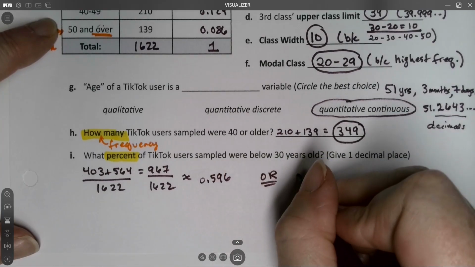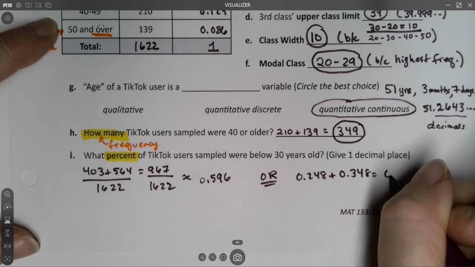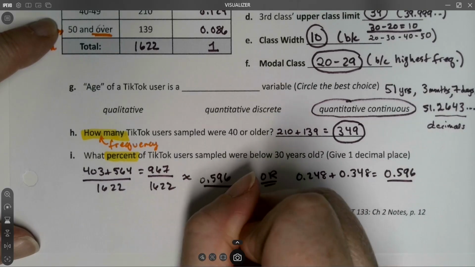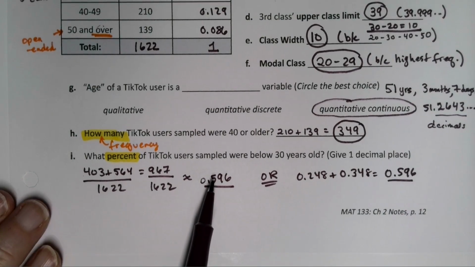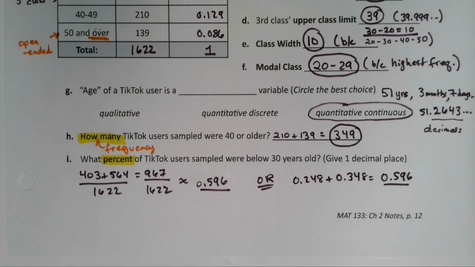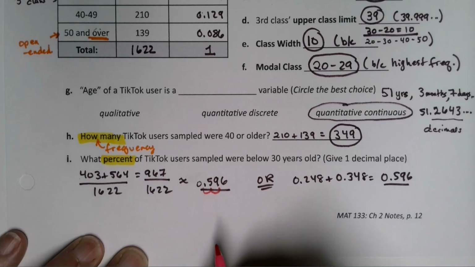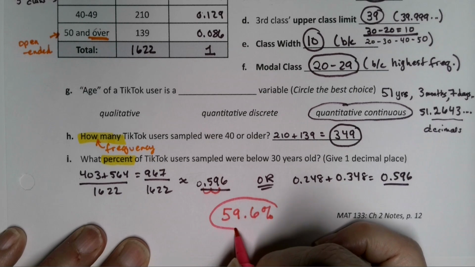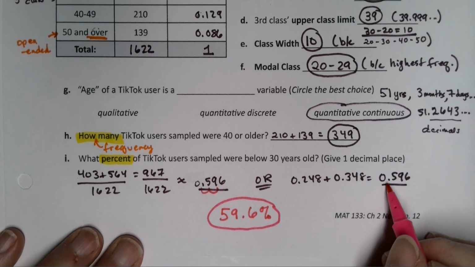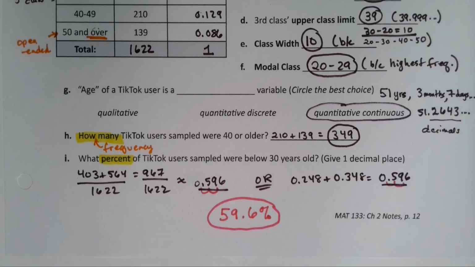Or you could take 0.248 plus 0.348 and also get 0.596. So either way, you're going to get that. Now that's not the answer because they asked for a percent. These are decimals, not percents. So to make it into a percent, we have to move the decimal 2 spots to the right, and we would get 59.6% either way, right? Either this one or this one would get us that answer. You can just choose to do one method or the other depending on what feels more comfortable for you.